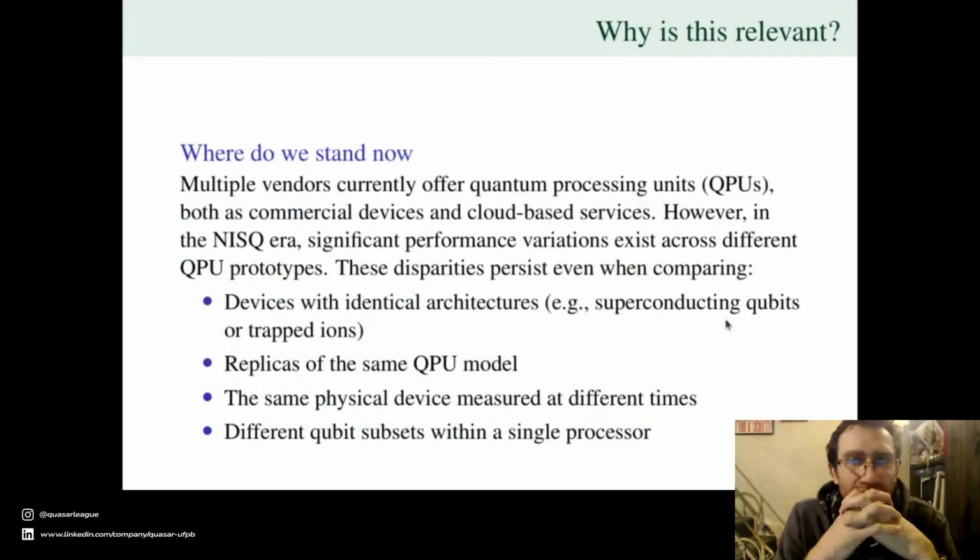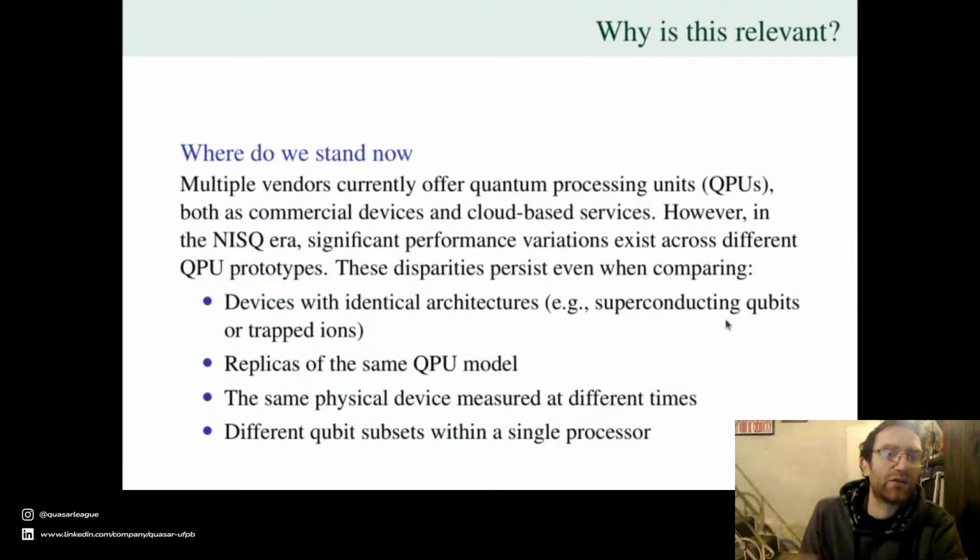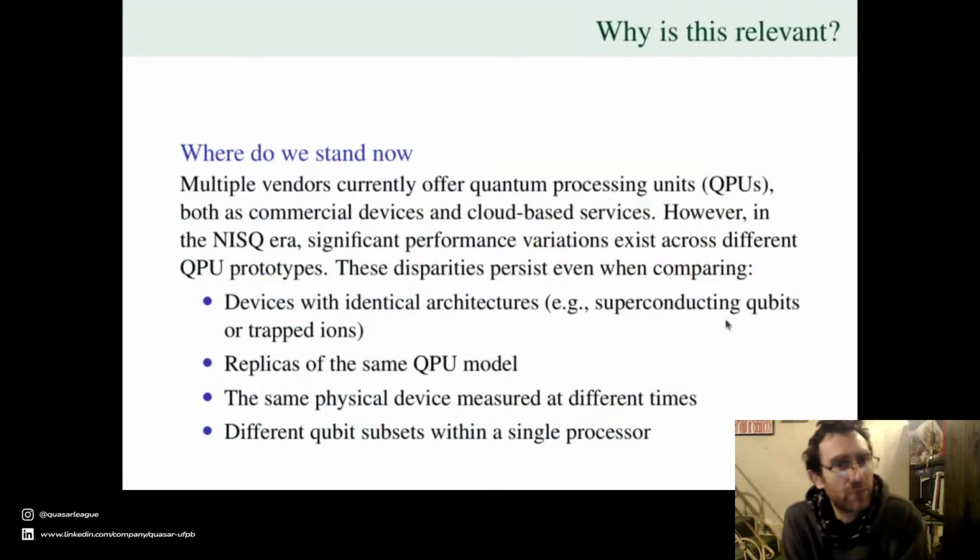So where do we stand now? And why is this relevant? Nowadays, multiple vendors offer quantum processing units, both as commercial devices and cloud-based services. However, in the NISQ era, there are significant performance variations across different quantum processor prototypes.